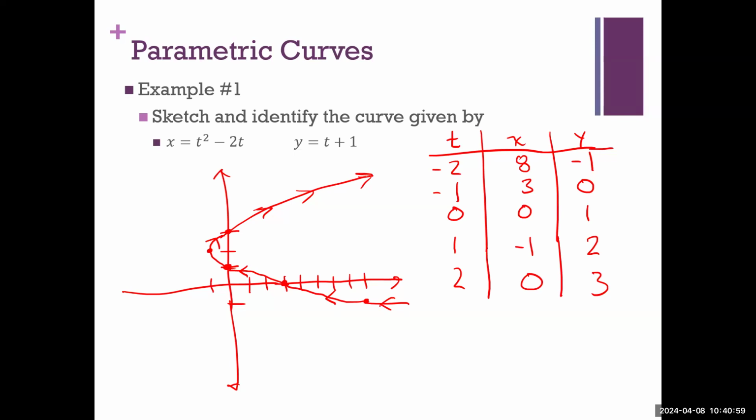What is this thing? What do you think it would be if I had drawn it more neatly? It is a pretty common curve. It absolutely is a parabola. You think of a parabola as opening up or opening down mostly, right?